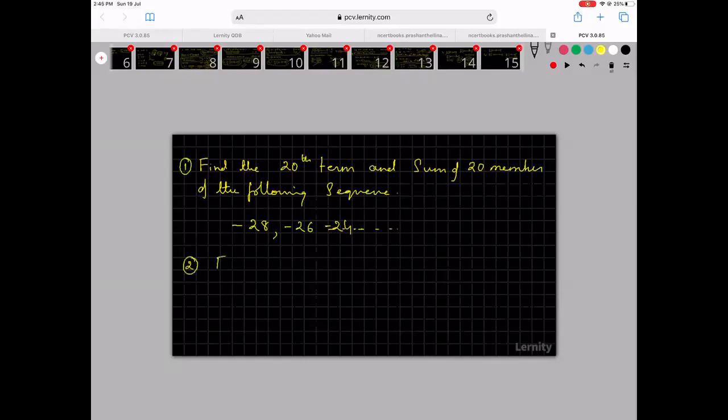Question 2: Find T19 and S14 for the sequence minus 8, minus 5, minus 2, 1, and so on.